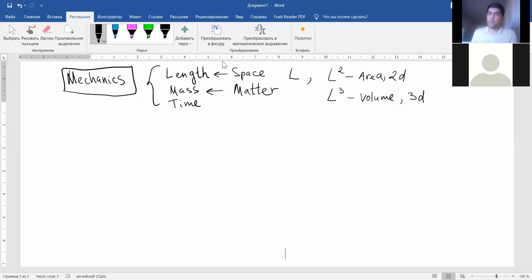And how do we know the motion? How can we check the motion? What is motion?